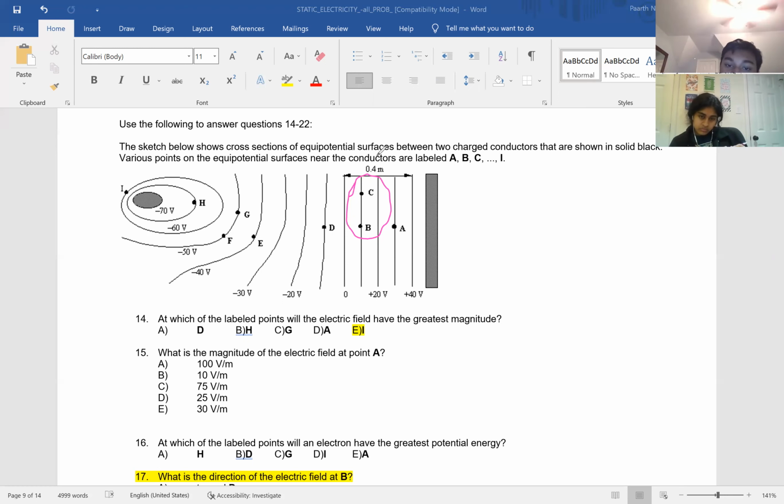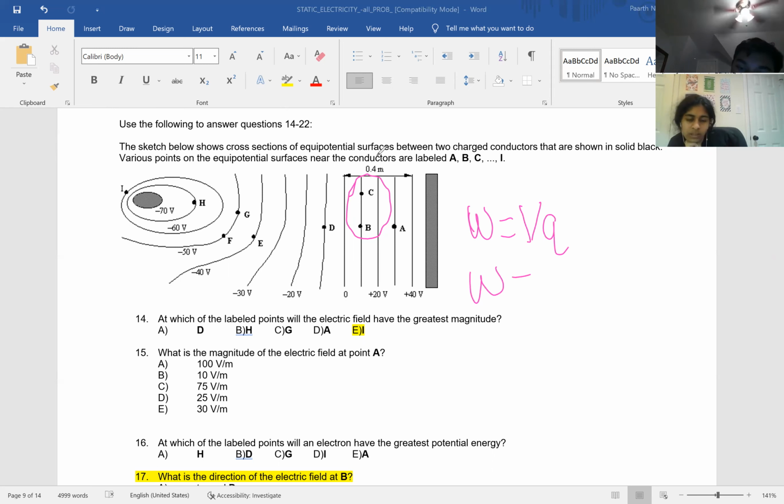So if you have zero change in voltage and the question is asking you for how much work is required, remember work is equal to voltage times Q, right? If the voltage change is zero, then the work is just zero, right? Sorry, the change in voltage is zero.